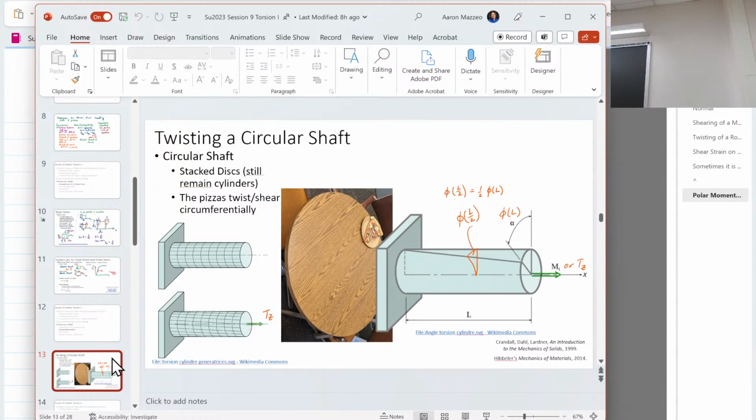Because what you want is a substantial amount of preload. The force ends up being distributed just in the cross section of the bolt.